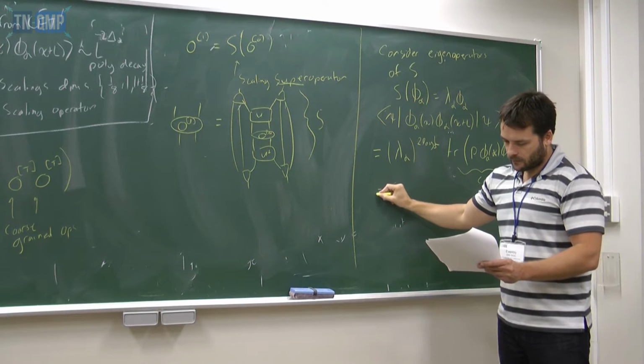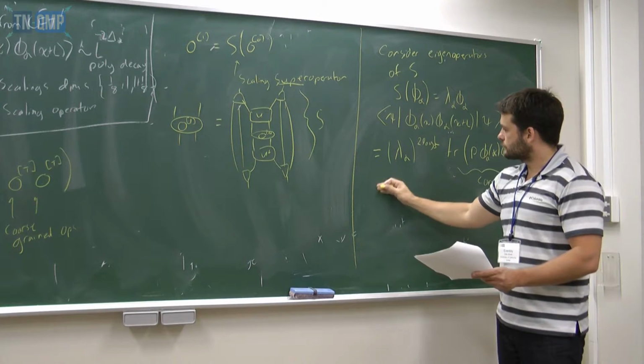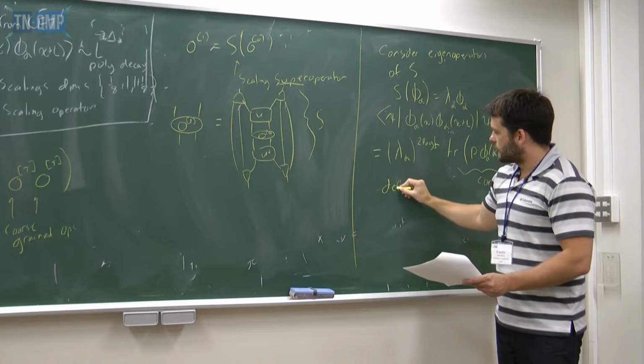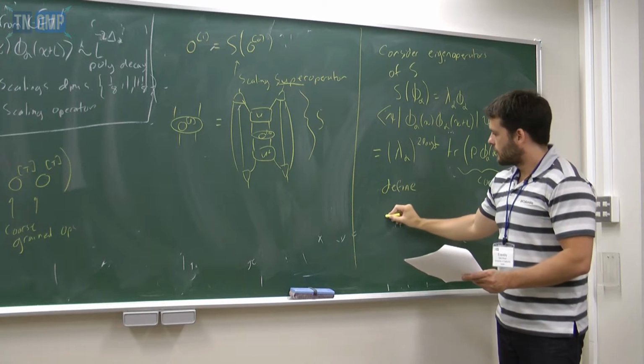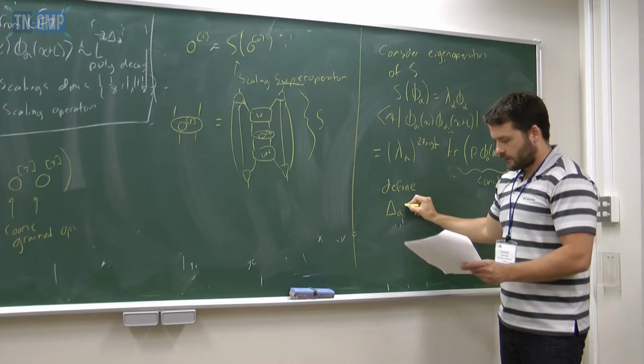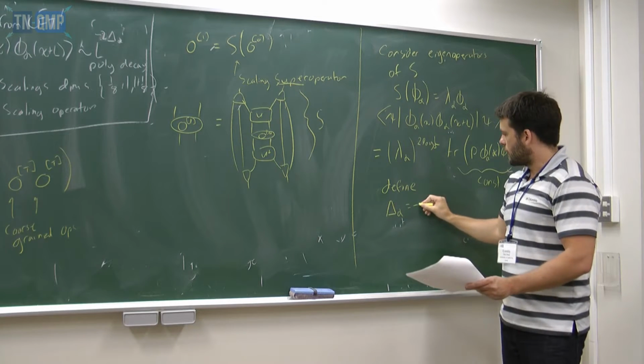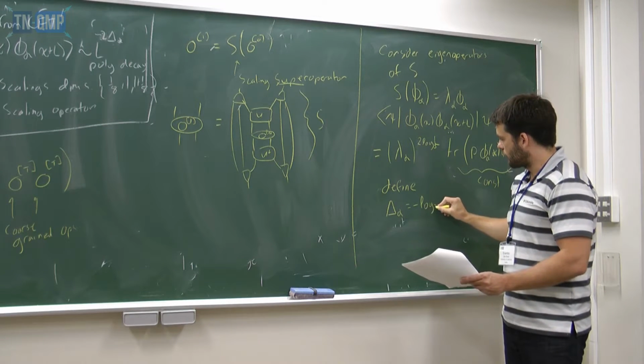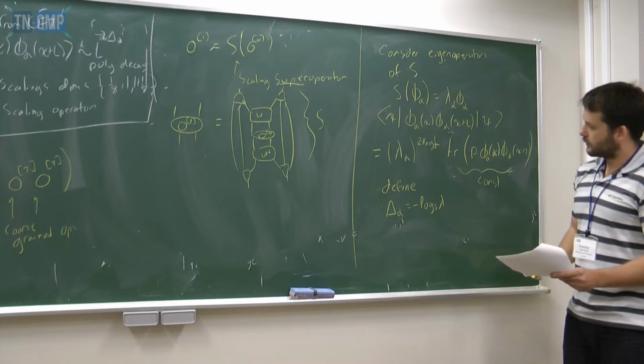What I have here, so let's define delta alpha equal to minus log base 3 of lambda alpha for simplicity.